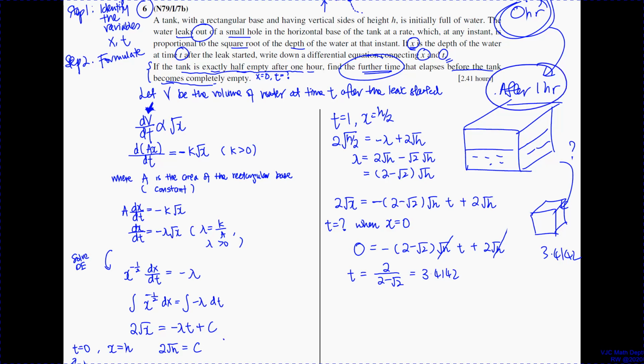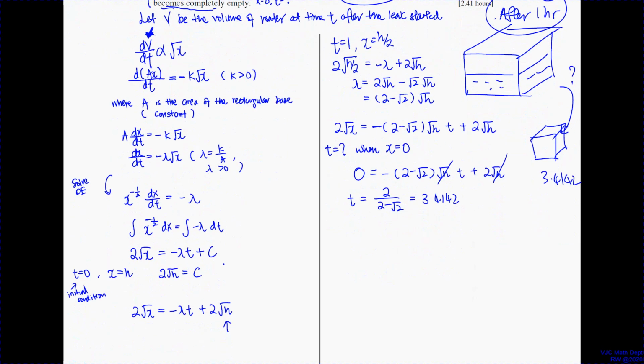Therefore, from 1 hour to 3.4142 is actually 2.41 hours. Easy, right? Further time elapsed equals to 3.4142 minus 1. You get 2.41. This is hours. Yes? All good?